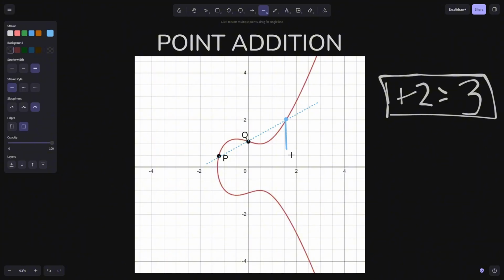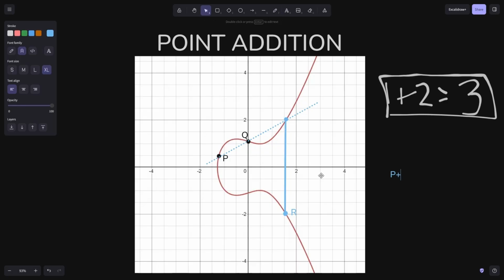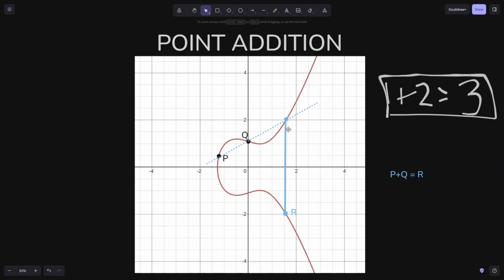After doing that, we get the reflected point somewhere right here on this curve, and we denote this reflected point with the letter R. Congratulations, we have our result of addition: point P plus point Q equals point R. The result of adding P and Q is the reflected point R, and this is what point addition is all about.